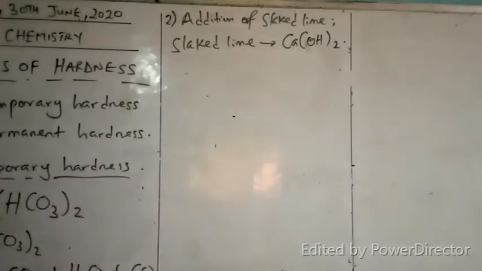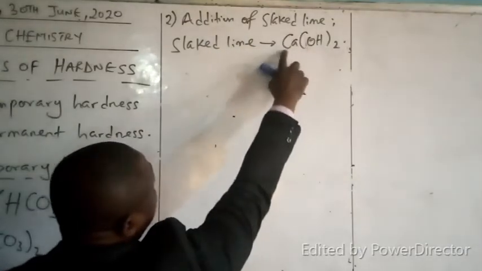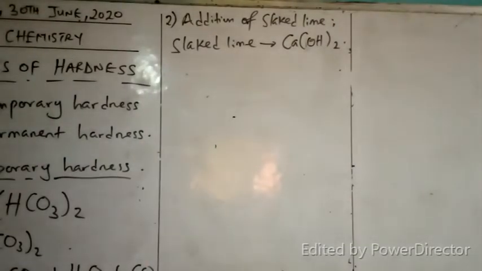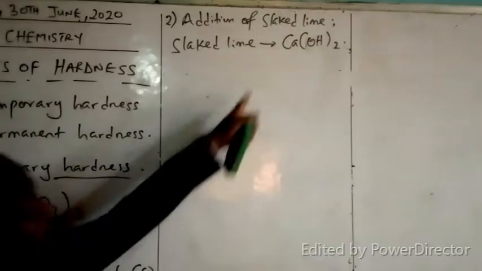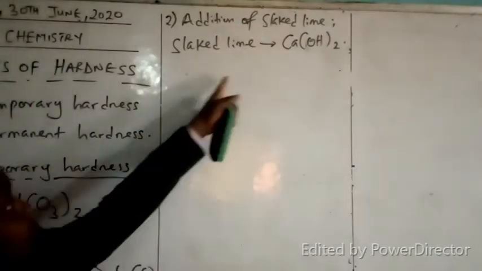Now, if you add that to water, it's going to remove more of the calcium ions to form an insoluble compound of that. And of course, we will have a soluble compound of the result to form lather.